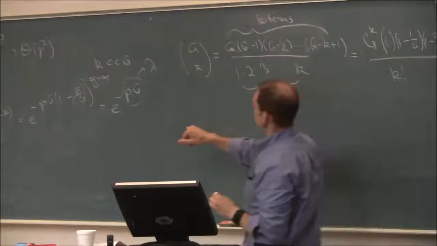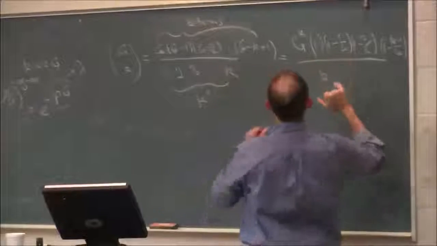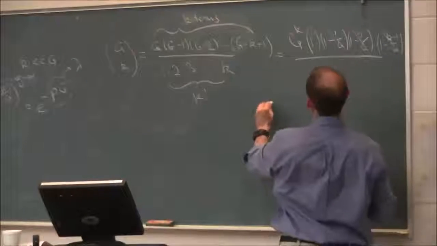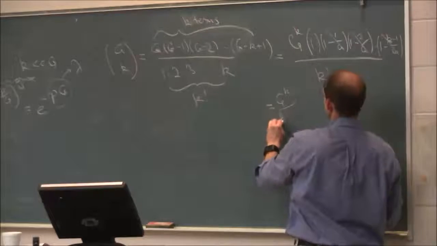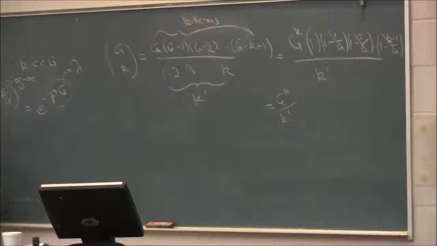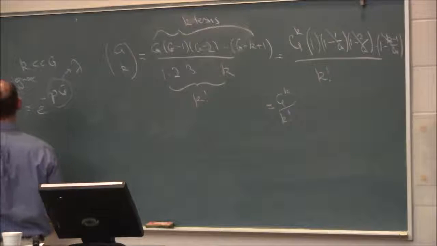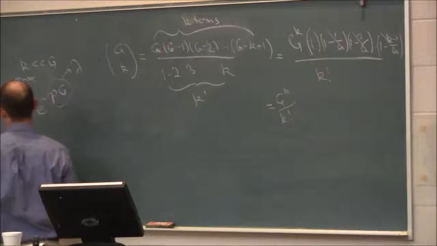And then the same way that we ignore terms like k over g, we're going to ignore all of these. So what we get is g to the k over k factorial, and then we put that back in here, and we get that the probability of k hits is equal to g to the k over k factorial p to the k, and then e to the minus lambda.